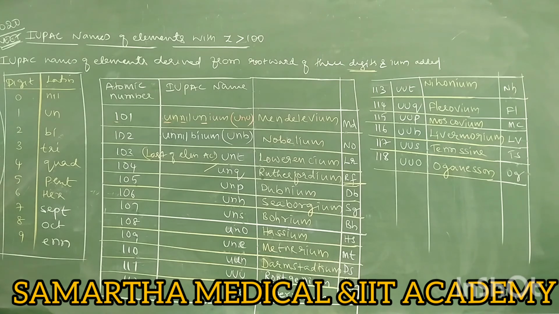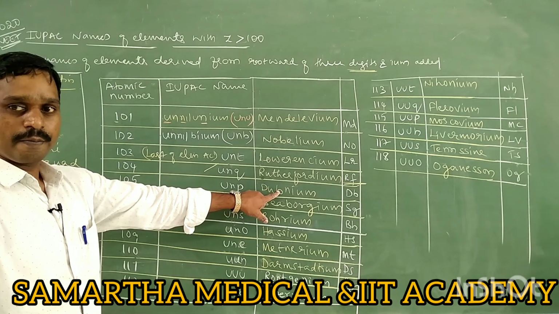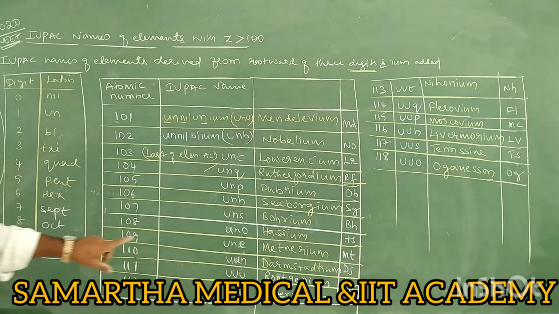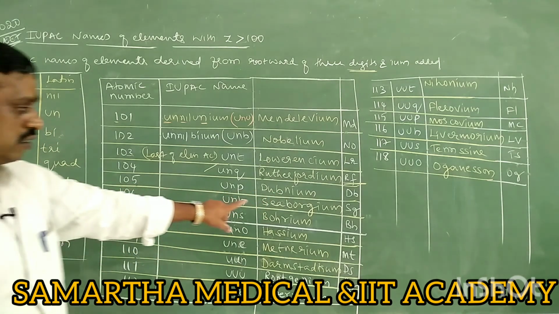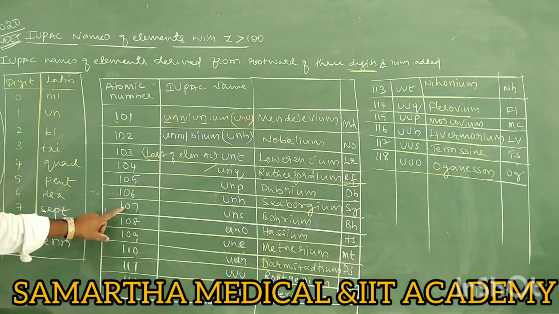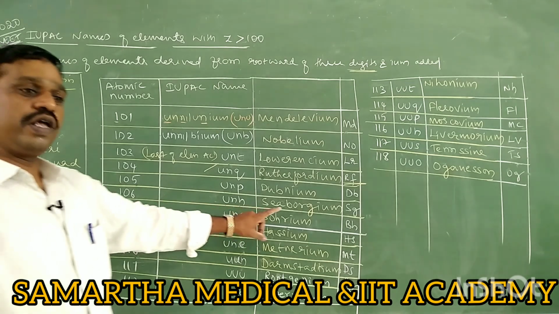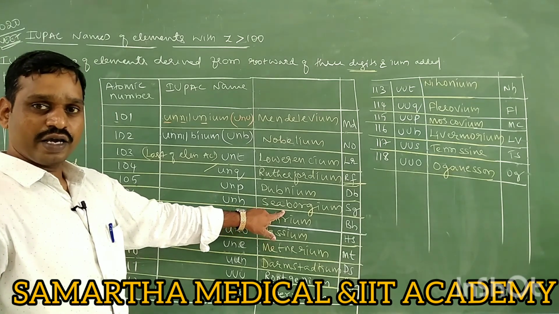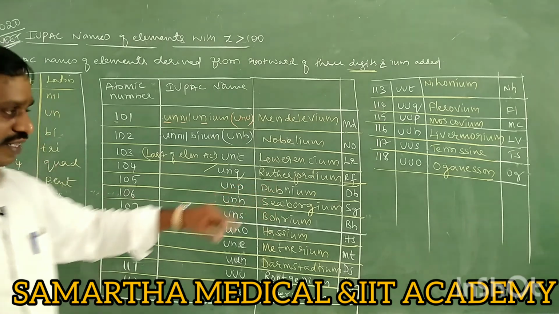Next is 105, Dubnium. 106, Seaborgium. 107, Bohrium, after Niels Bohr. You can remember it like that.